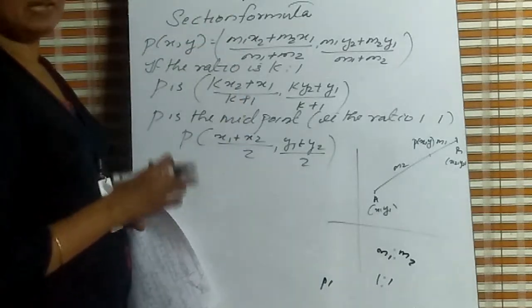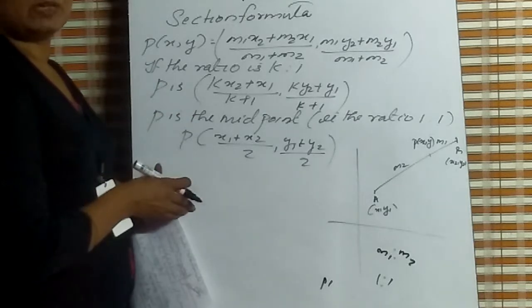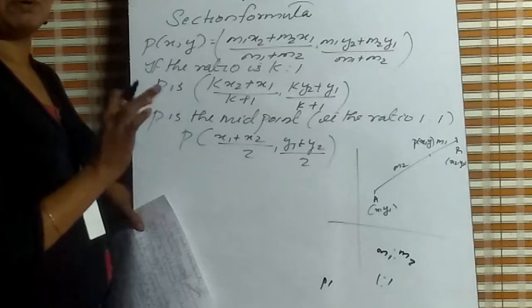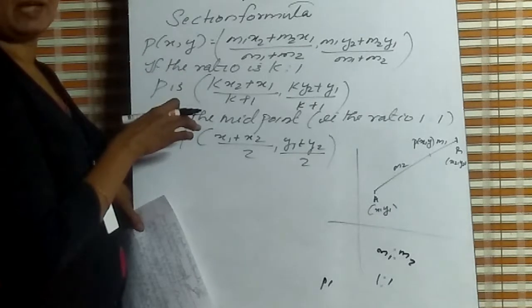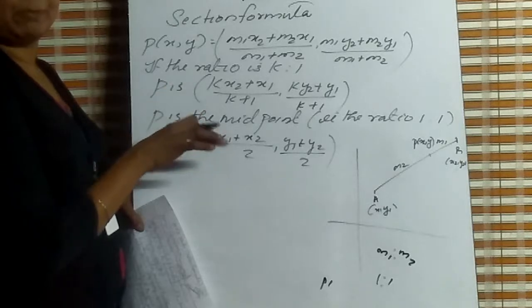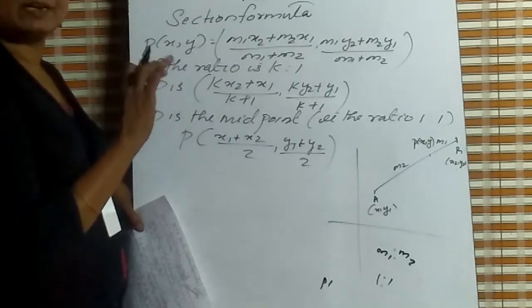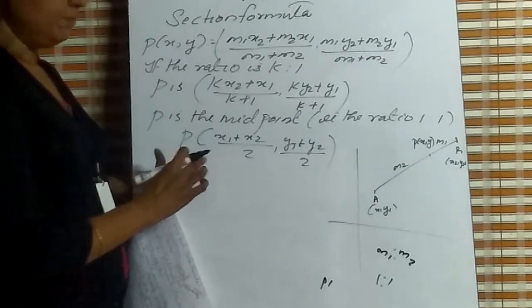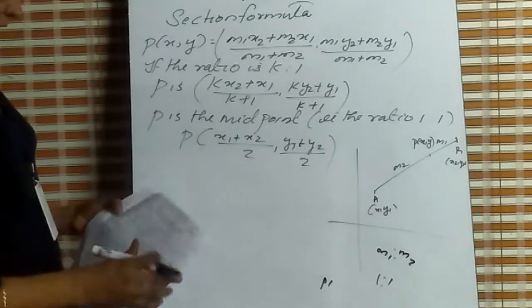Here we have three formulas for finding P(x, y). (m1 x2 plus m2 x1) by (m1 plus m2), (m1 y2 plus m2 y1) by (m1 plus m2). If the ratio is k is to 1, (k x2 plus x1) by (k plus 1), (k y2 plus y1) by (k plus 1). And if m1 is to m2 is in the ratio 1 is to 1, or P is the midpoint, we use (x1 plus x2) by 2, (y1 plus y2) by 2.